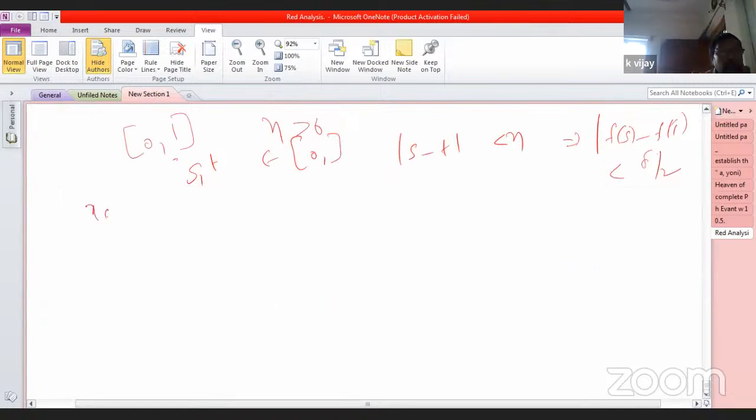So therefore, x belongs to [0,1], and split the sum into two parts, S1 and S2.